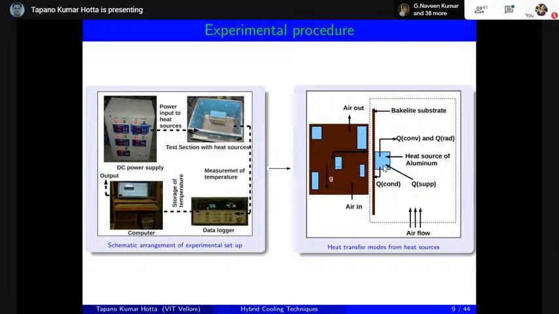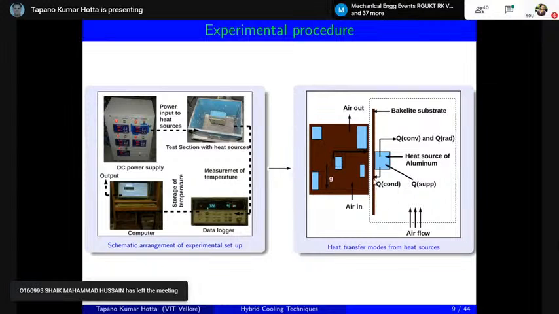Now, once you are supplying heat to the chips, the chips are metal having a conductivity of 230 watt per meter Kelvin. On top of the bakelite board, the chips are being mounted. Bakelite board conductivity is 0.04 watt per meter Kelvin. Because of this huge gradient of conductivity, there will be a huge amount of conduction heat loss to this board. So there will be heat conduction from the chips to the board.